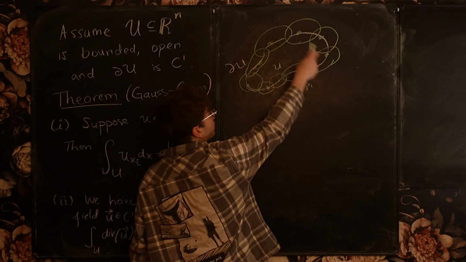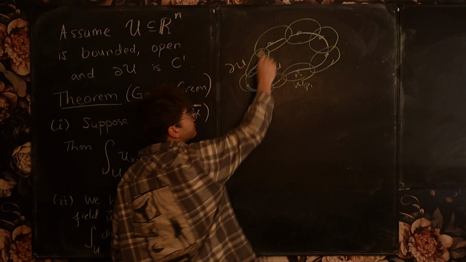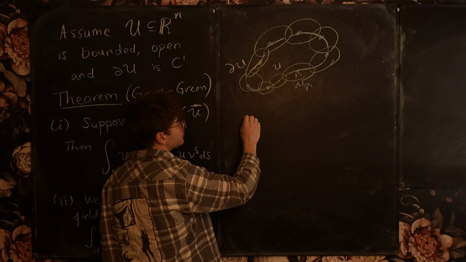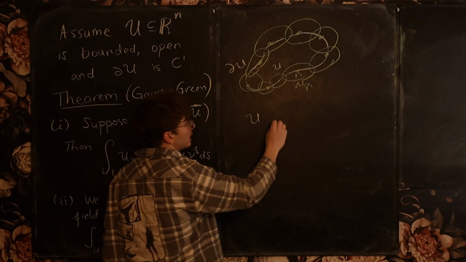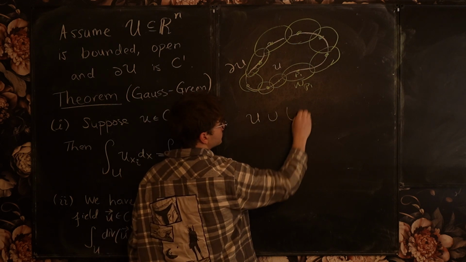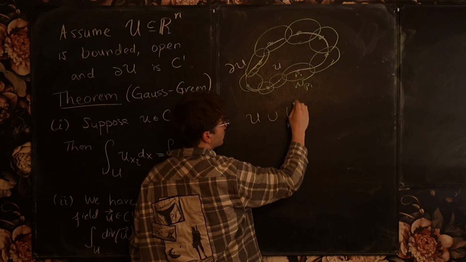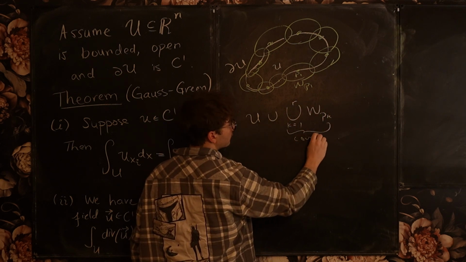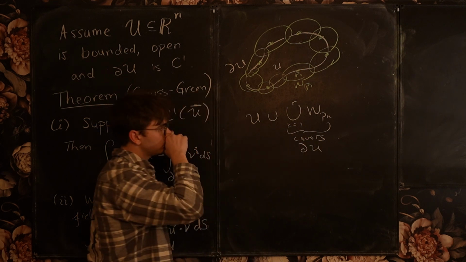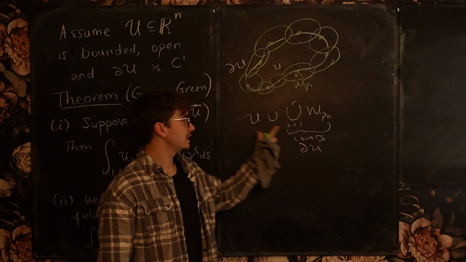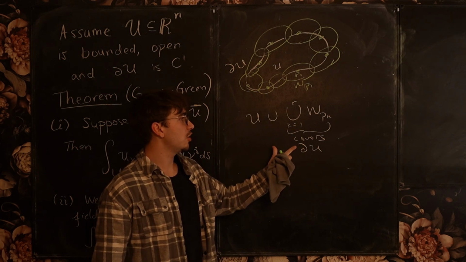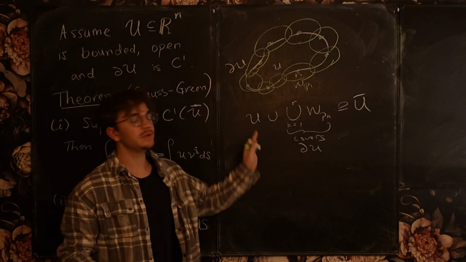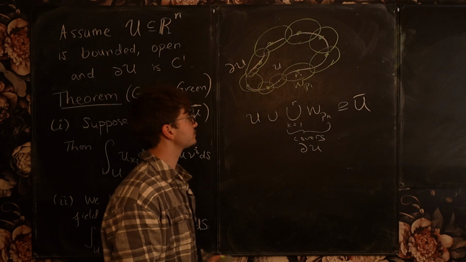And then notice that all of these sets together cover the boundary of U. So if I take U and then I union this set, K equal to 1 to R of WPKs, this covers the boundary of U essentially. And so we get that this entire construction is an open cover of U closure. So this is just visually what we've achieved so far.